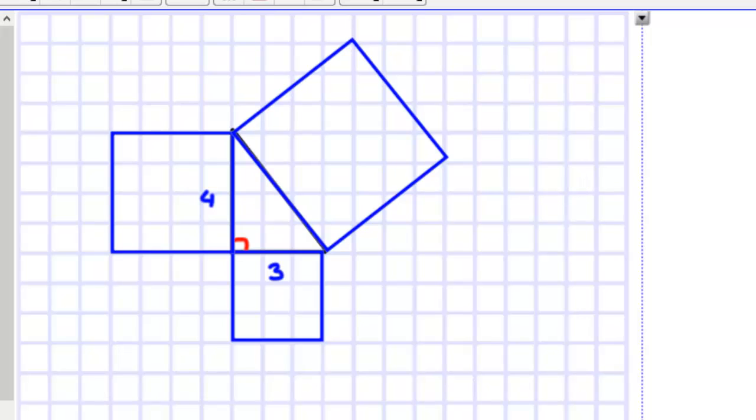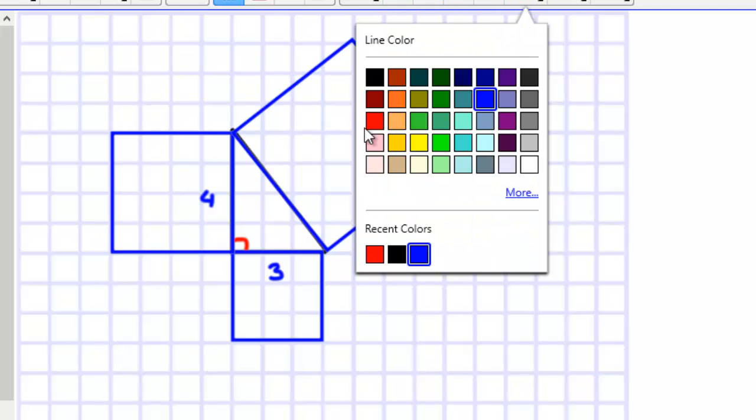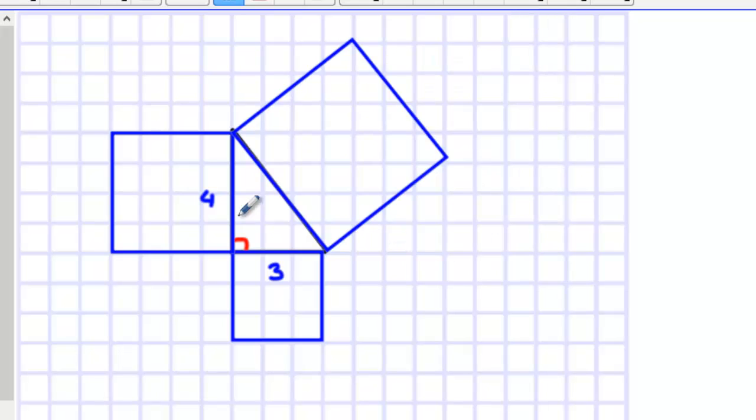Now let's calculate the area of the square on each leg. I'm going to mark it with red. The area of this square: 1, 2, 3, 4, 5, 6, 7, 8, 9. 9 units. Where does this come from? This comes from 3 times 3, because the area of a square equals side times side.